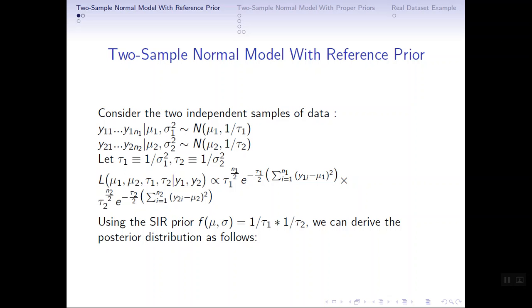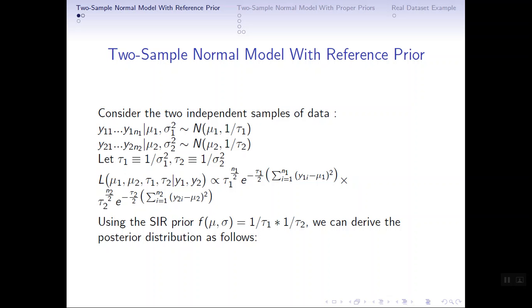To set up this problem, let's first consider two independent samples of data, which are normally distributed. Okay, so we have the first sample with n1 observations and the second sample with n2 observations, and then the associated mu and sigma hyperparameters.